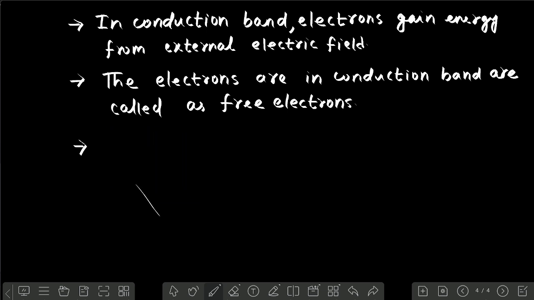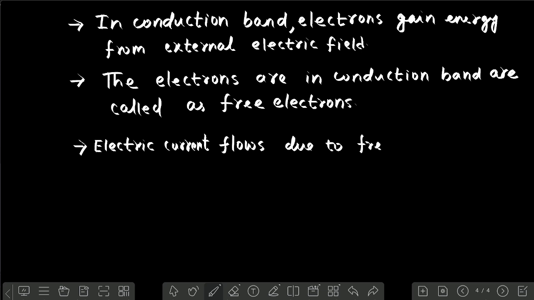Current flows due to free electrons. Write here: electric current flows due to free electrons, the electrons which are present in conduction band.